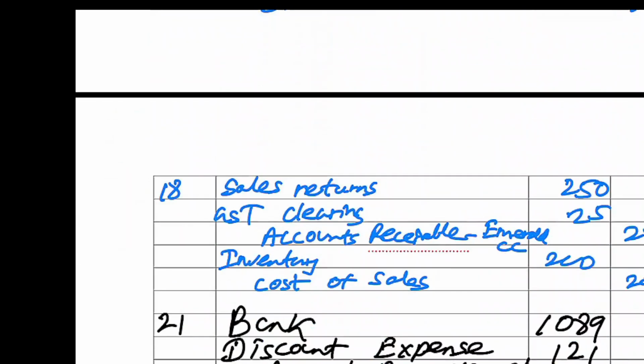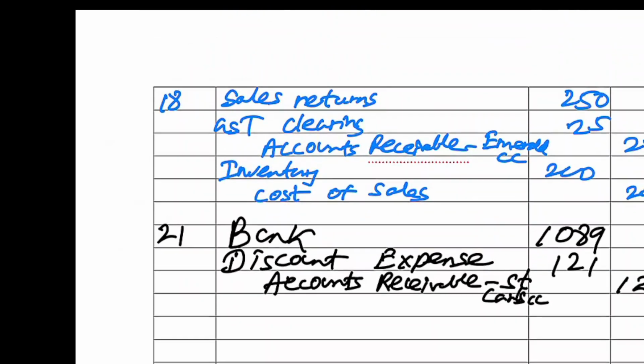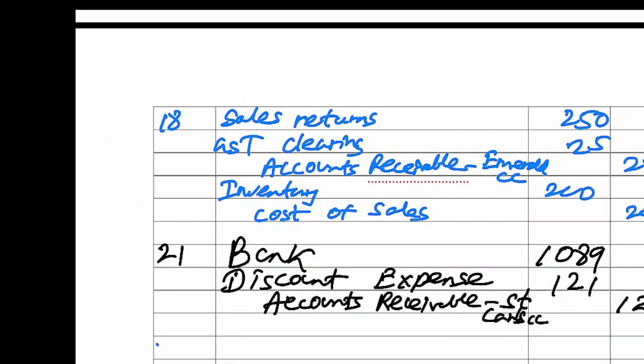Okay, what's the double entry for that one? Right, what's the double entry, guys? You debit the bank, yes? How much? 550? No, not 550. It should be 495.